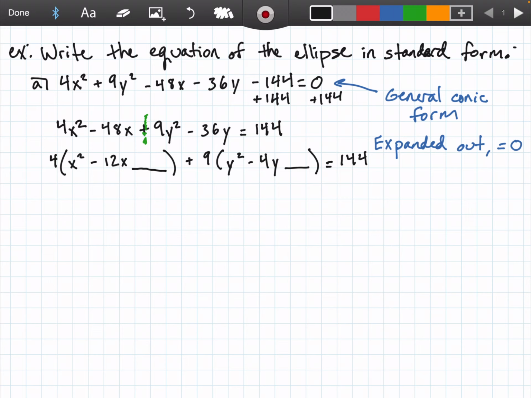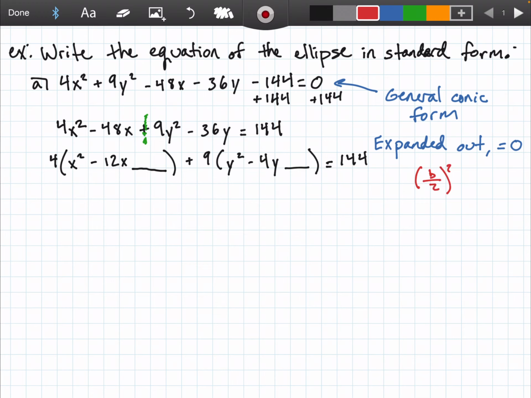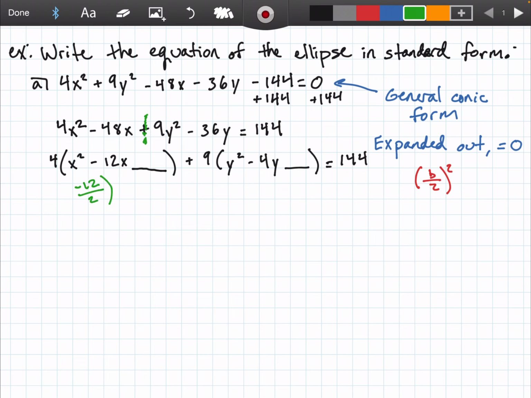So once again, we're going to take our middle variable and divide it by 2. So start with the x's, negative 12 divided by 2, and then we're going to square it. Negative 12 over 2 is negative 6. That gets me to 36.